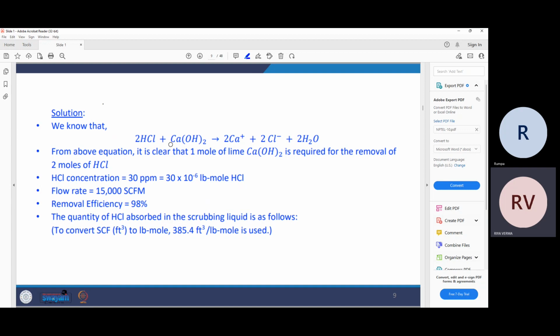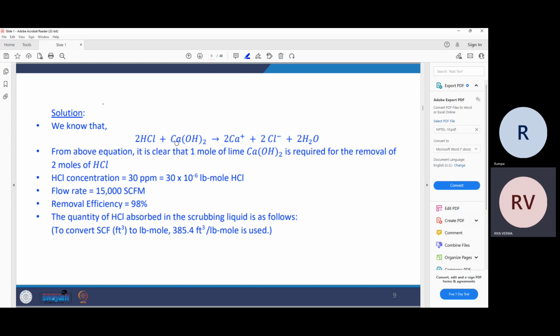So this is the formula when lime reacts with HCl, that is 2 moles of HCl plus 1 mole of lime, Ca(OH)2, that gives out, that breaks your HCl into compounds of calcium and chloride and gives out water.